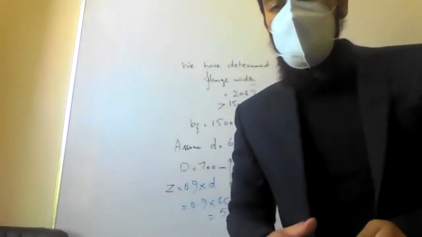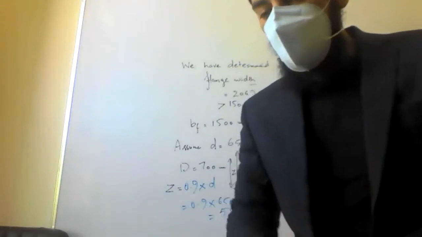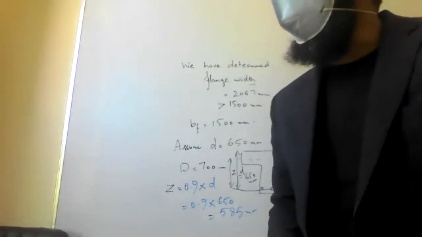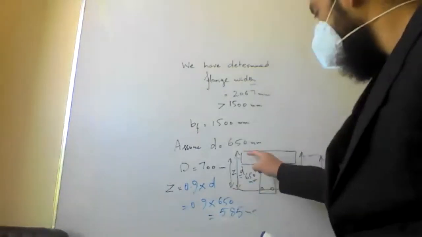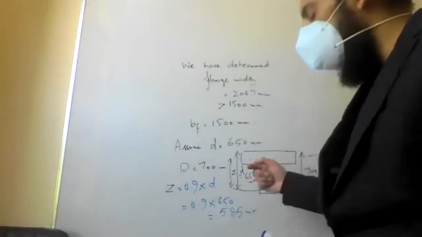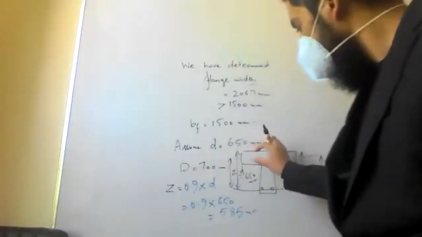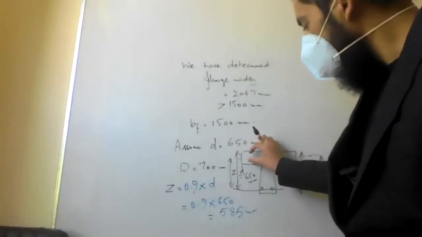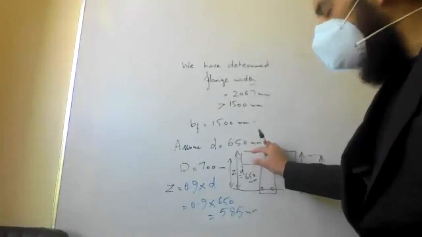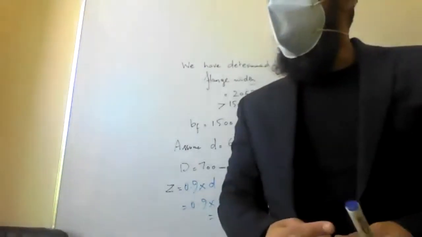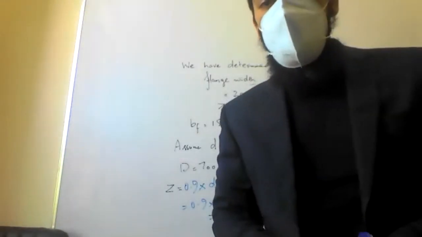Now, why are we assuming the lever arm? Because we don't know the center of the compression right now, whether it's somewhere in here or outside this. We're just assuming it. If it was in the center of the flange, it would have been no problem, then it would have been df by 2. But we don't know it as of yet.